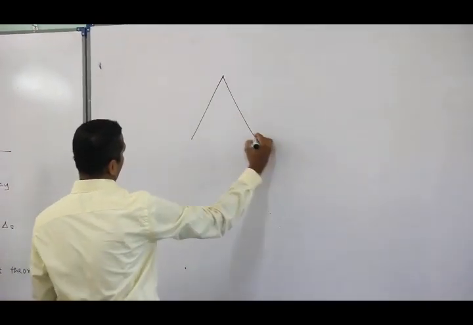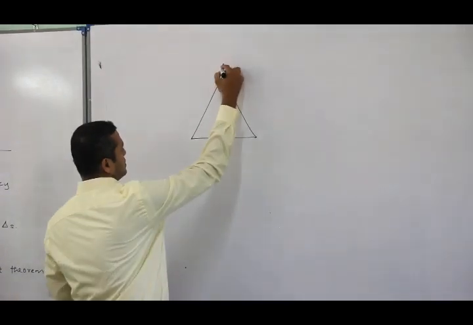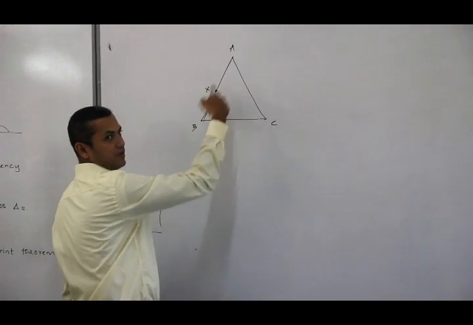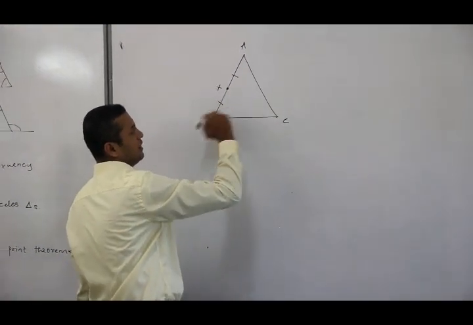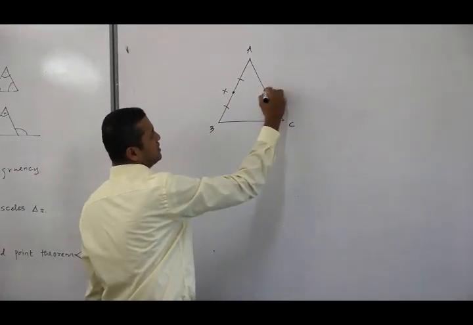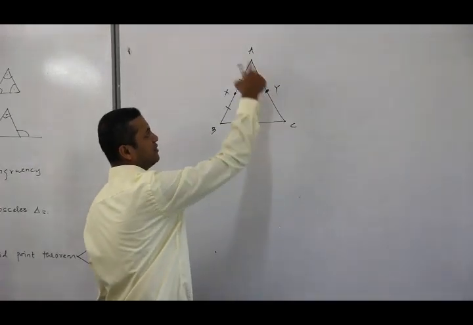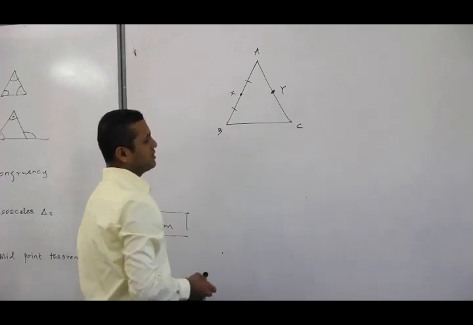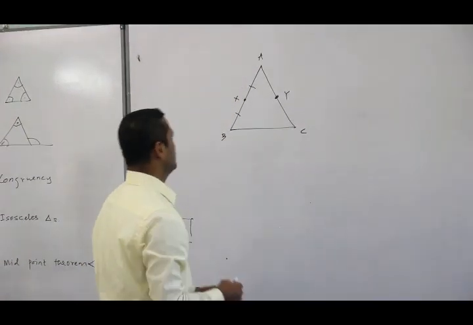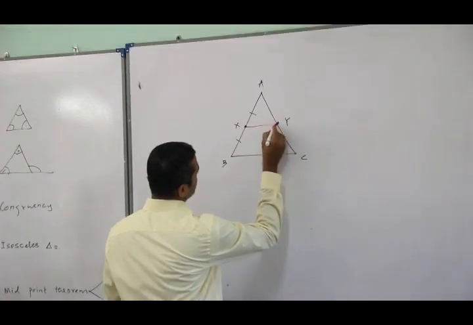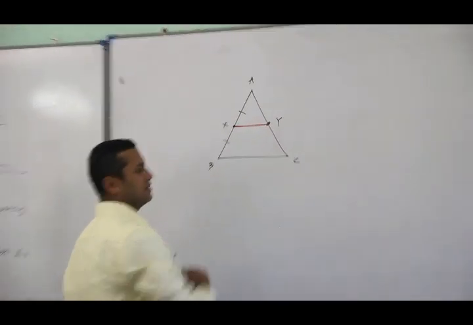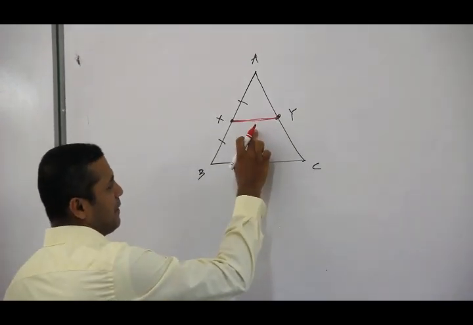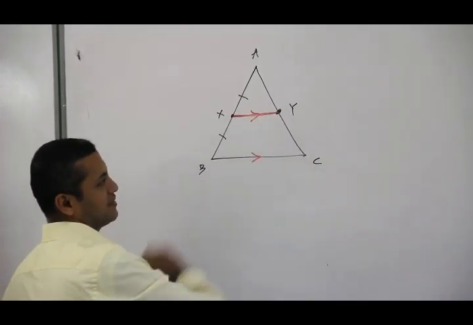Now, assume that these are the midpoints. X is the midpoint of AB, and Y is the midpoint of AC. The theorem says the line joining the midpoints. This line is parallel to the third side.